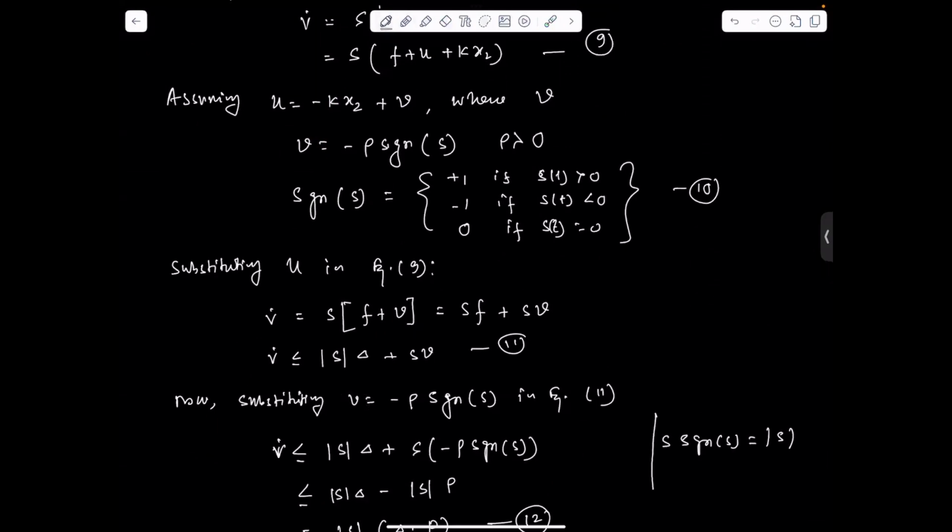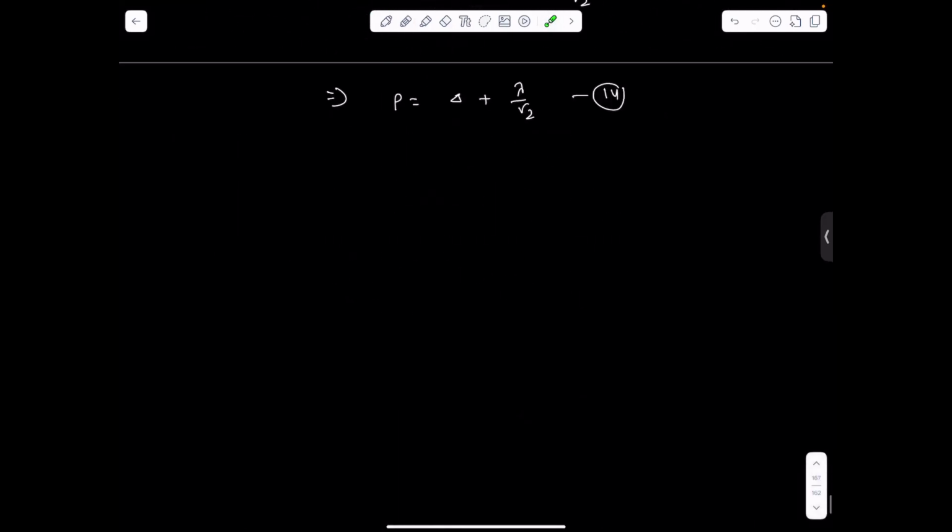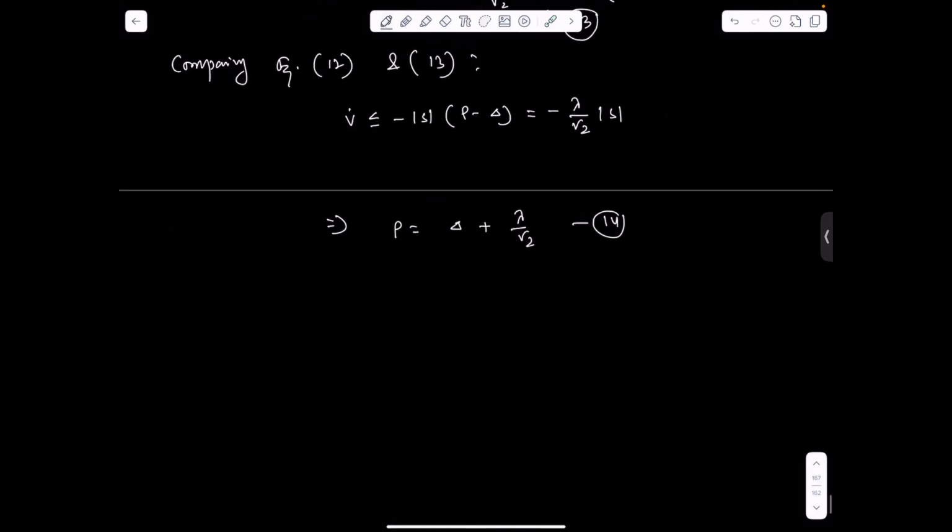Hence the total control is u of t equal to minus kx2 minus rho sgn(s).